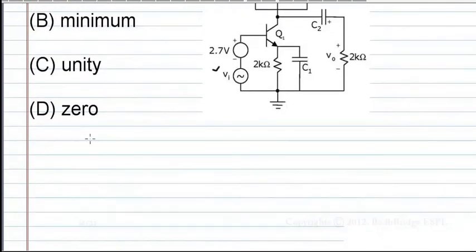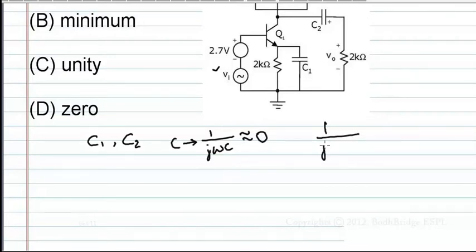First of all, C1, C2 are the capacitors. In the frequency domain, we write their impedance as 1 by j omega C. This C is very large, such that whatever be the omega, at the given omega, this term 1 by j omega C goes to 0 and can be neglected.